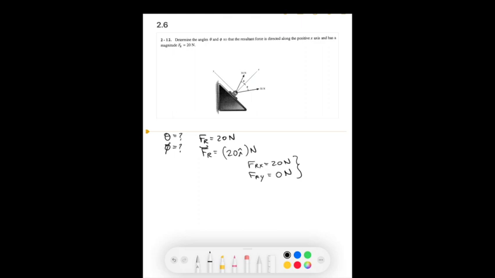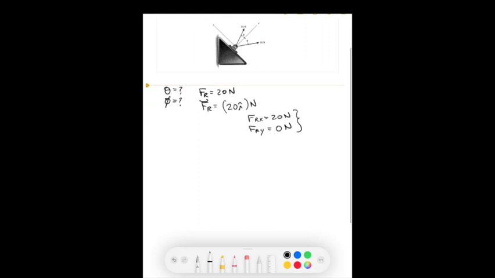The first thing we want to do is break up our two forces. I'm going to call them force 1 and force 2, and draw it as we're used to seeing it, tilted with the x and y direction this way. There's one force going this way and one going this way, and this one is theta, this one is phi.